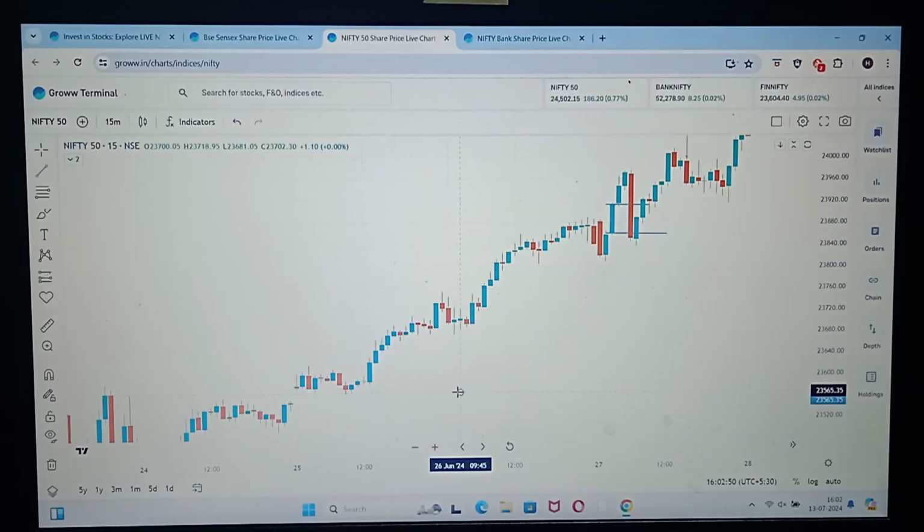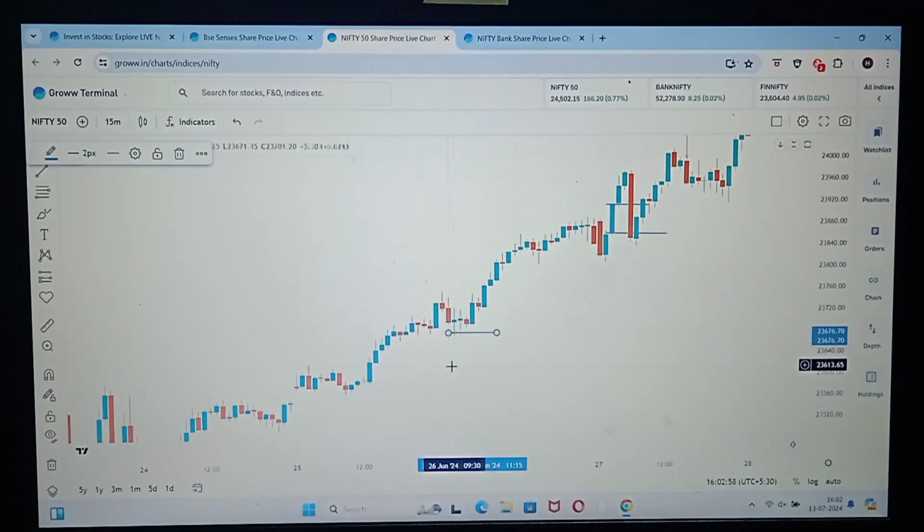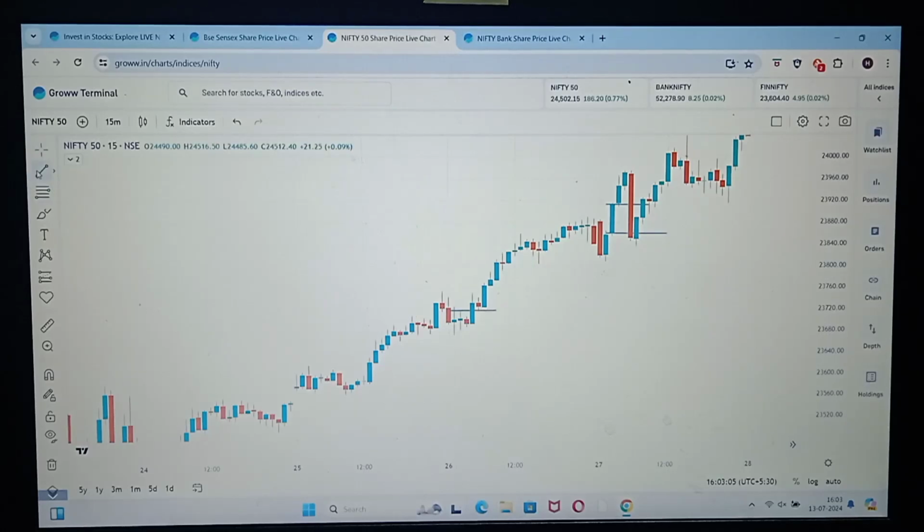Then we'll see this is 9:45, marking the high and low. Clearly you can see the market opens here at 9:15, 9:30, 9:45 we have marked up and down its high and low.